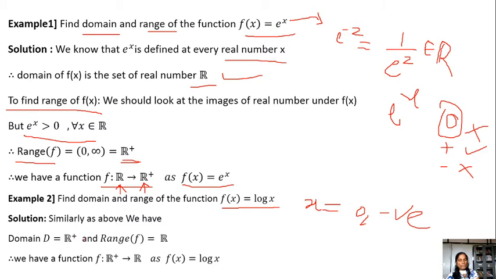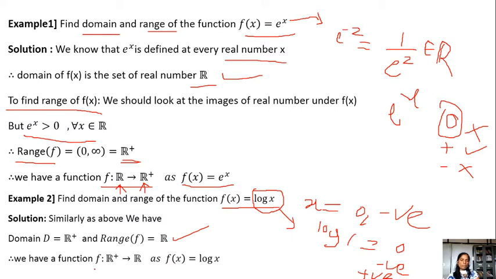R plus, the set of positive real numbers, and we have to look where this logarithm goes, whether it is positive, negative, or 0. You cannot define log 0, and log 1 is 0. If you take a number less than 1, then you will get a negative logarithm, and if you take a number greater than 1, your logarithm is positive, means the logarithm takes 0, negative, and positive values, and therefore its range is the complete set R, the set of real numbers.